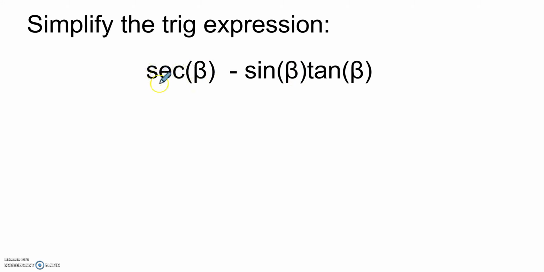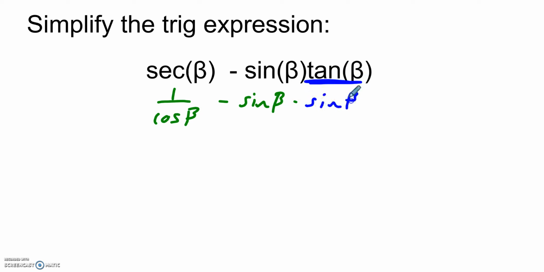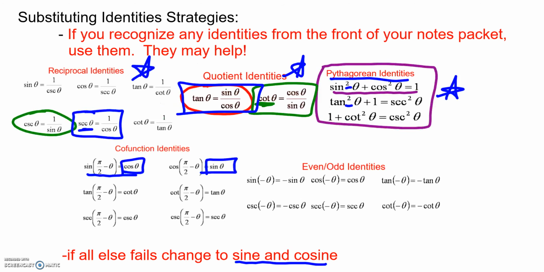I'm going to replace secant with 1 over cosine of, this is technically a beta, minus sine of beta, which is another name for an angle, times tangent, I'm going to replace with sine of beta over cosine of beta because of this identity here.